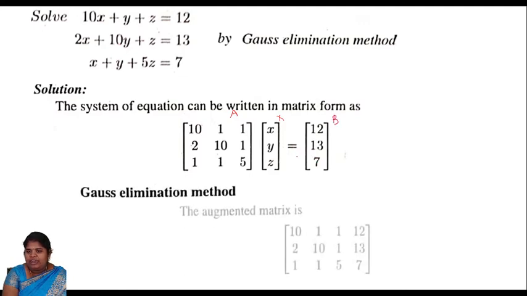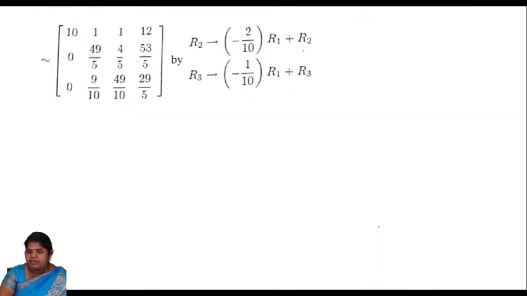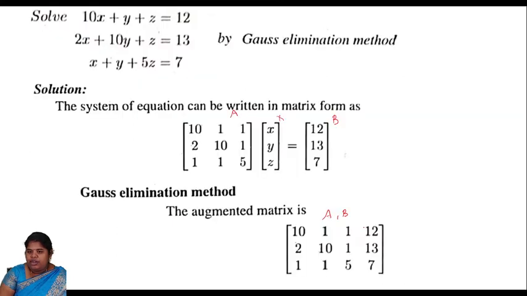Now the augmented form, combining A and B. Now we are going to convert it into an upper triangular matrix. That is, the elements in the place of 2, 1 and 1 should become 0. So we are going to convert 2 and 1 to 0 first.